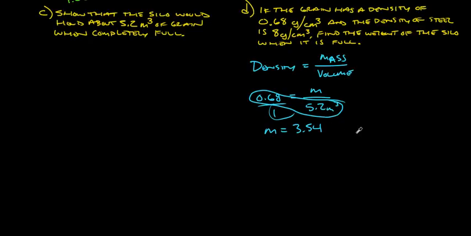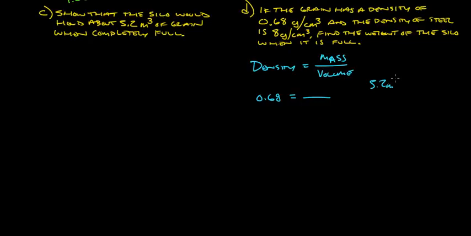It's just going to make our life easier, so let's do that. So we have 5.2 meters cubed. We're going to convert that into centimeters, and it's cubed. We have to move over twice to get to centimeters, but since it's cubed, we have to actually do that 3 different times.